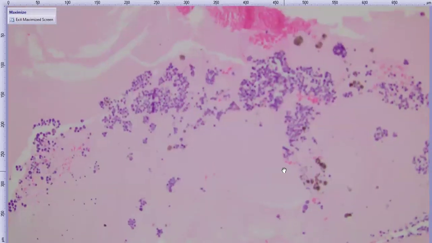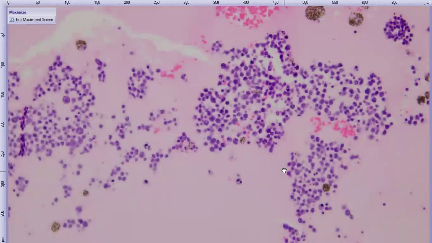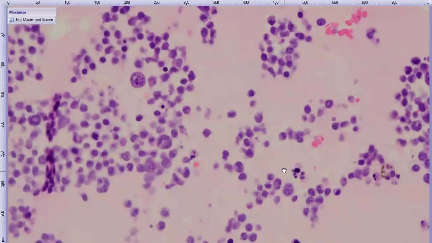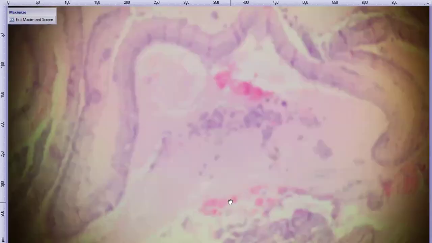We find a better area. There we go. And some significant variability in the nuclear size and shape. And again, many of these multinucleate cells around. So these are actually starting to look quite neoplastic.